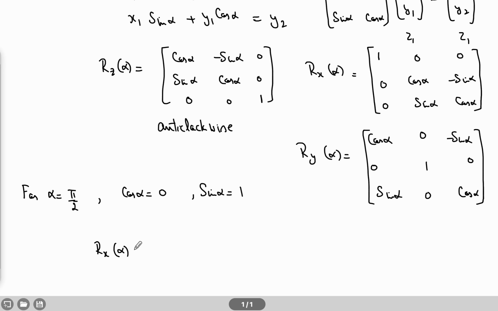So my Rx alpha becomes 0, 0, minus 1, 0, 1, 0, 1, 0, 0, right?